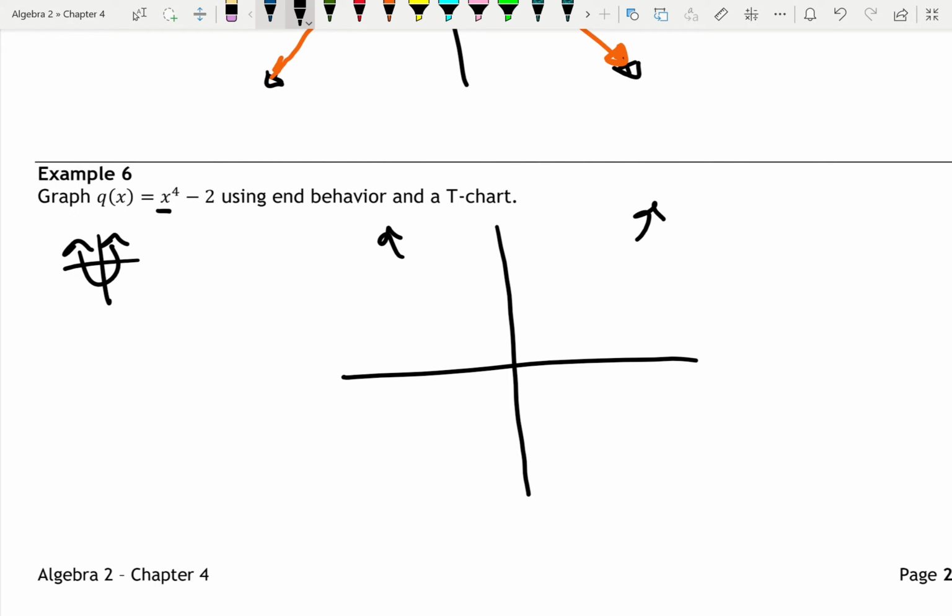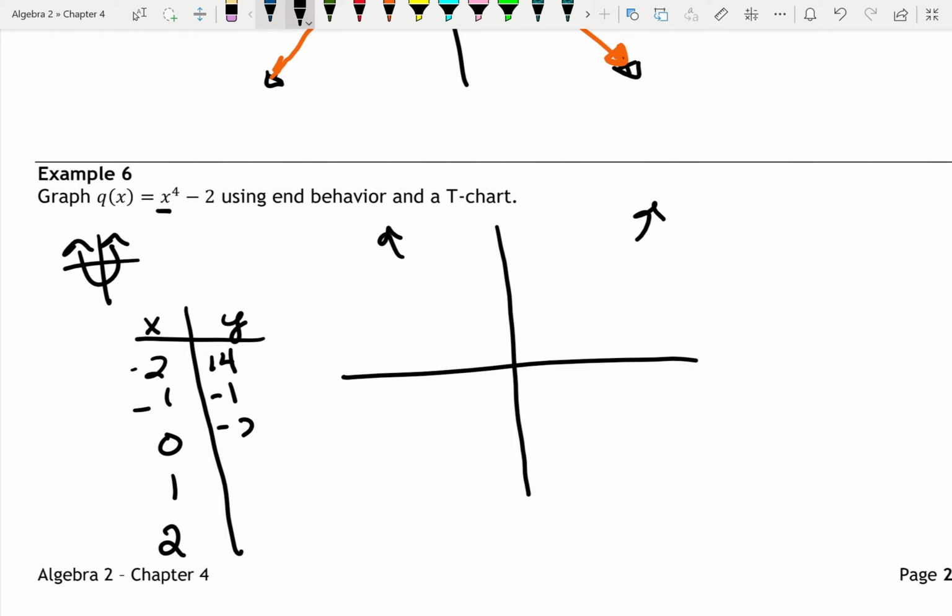And then we probably need some points to plug in. The points that I plugged in, this is actually from last year's notes that I'm looking at, I used -2, -1, 0, 1, and 2. And I plugged those into my function, and I got 14, -1, -2, -1, and then positive 14 again.